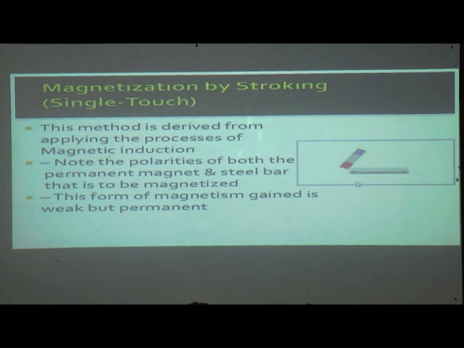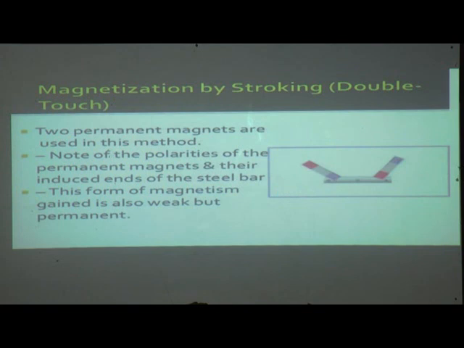This is called single touch magnetization. The second one is double touch. Two permanent magnets are used in this method. Note the polarities of the permanent magnets and their induced ends on the steel bar. This form of magnetism gained is also weak but permanent.